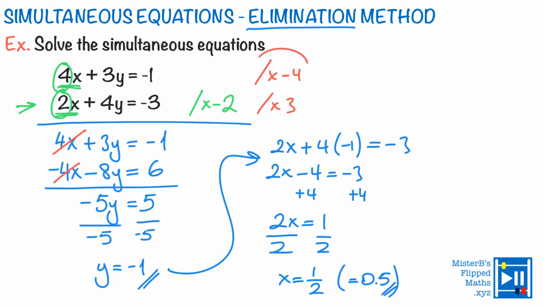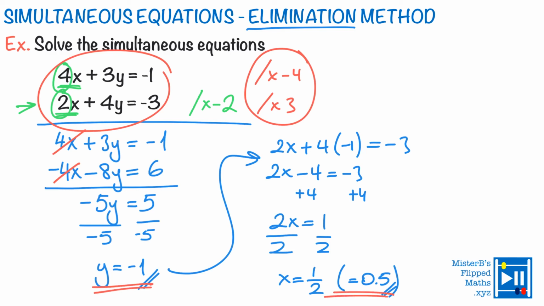So try this version with the simultaneous equations and try to get these values for x and y. And then once you feel confident, you can just start with the exercise set. That's my suggestion. But if you feel confident already, you can just hit the exercise set and start solving.